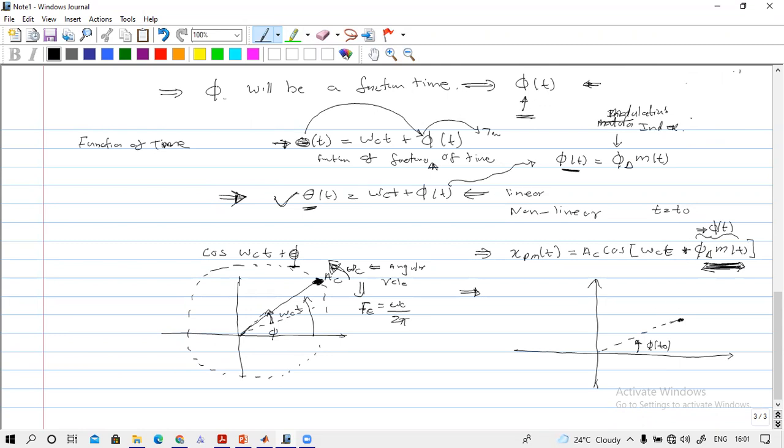He will travel one angle because of this phase shift, and another angle because of his velocity, omega c t, correct? So the point is here at t naught. I hope you got it.